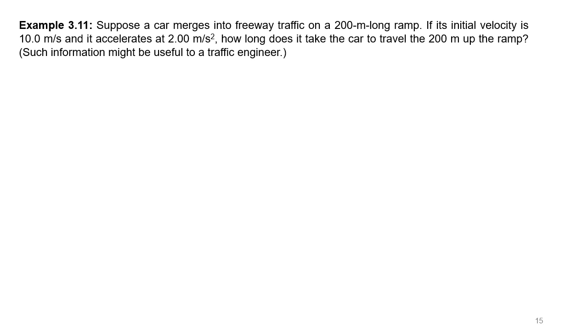If its initial velocity is 10 meter per second, you see v0 is given, and acceleration is 2 meter per second square. Acceleration is given. How long does it take the car to travel 200 meters? How long means time. The duration of the time to cover 200 meters is what we want to find out.